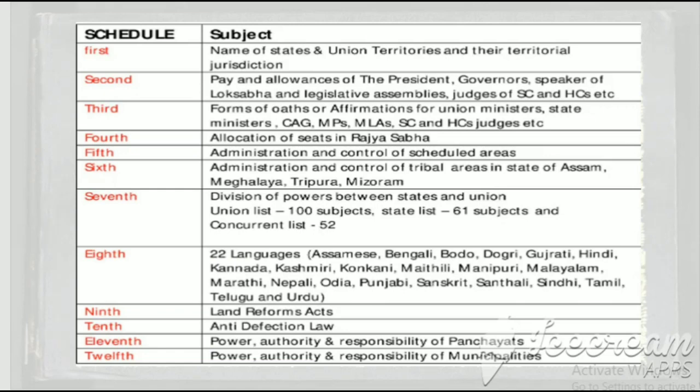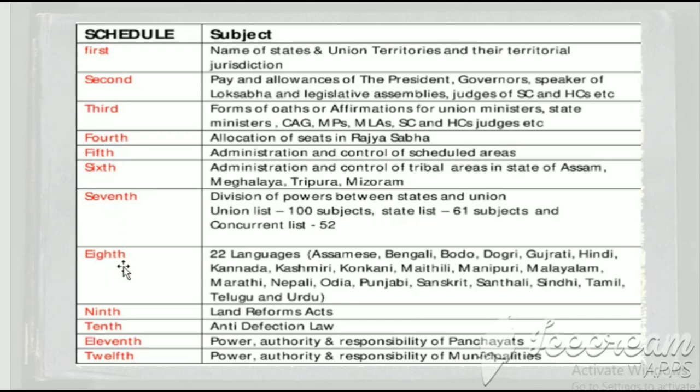I have already told you about this subject. The union list contains those subjects which are handled by the central government, and the state list contains those which are handled by the state government. In the concurrent list, the issues are handled by both the governments, the central as well as the state. Now let's move to the next schedule, the eighth schedule.